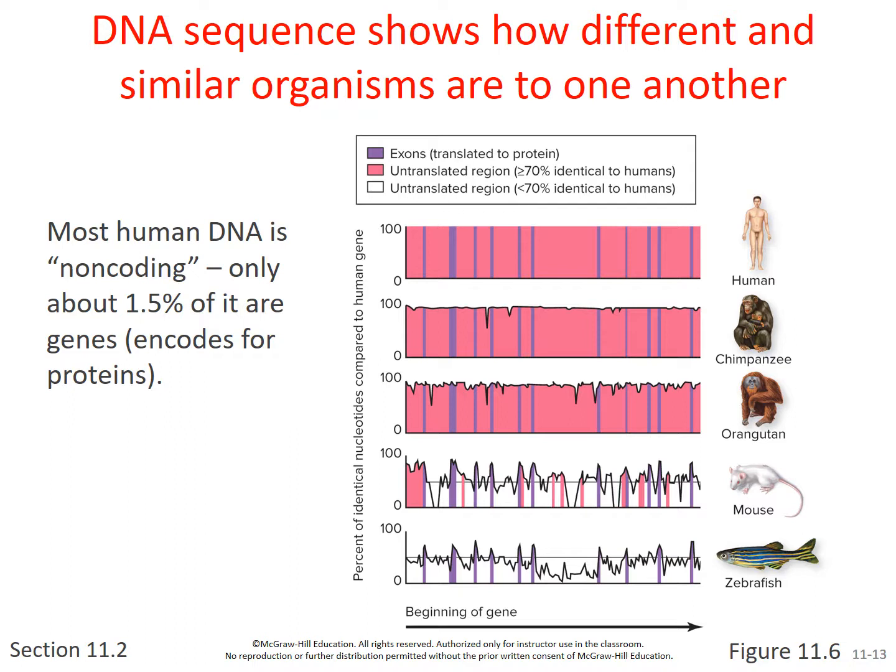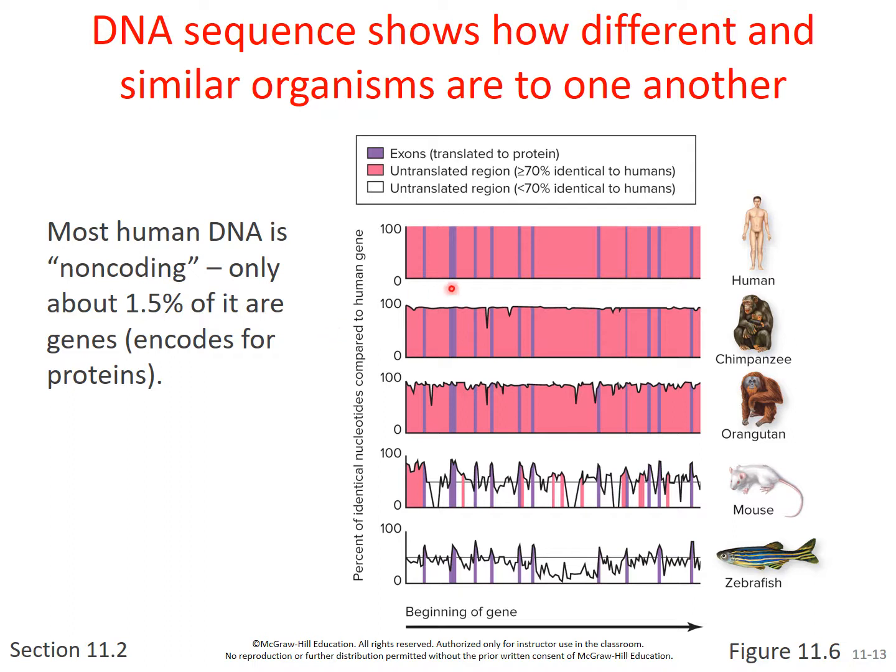That's a lot of DNA that is not used to make proteins at all. A lot of people will call it junk DNA, even though some of it includes areas like enhancers that we learned about, transcription factors with eukaryotes and things like that. But the take-home message here: only 1.5% of the human genome is actually genes that allow for the encoding of proteins.